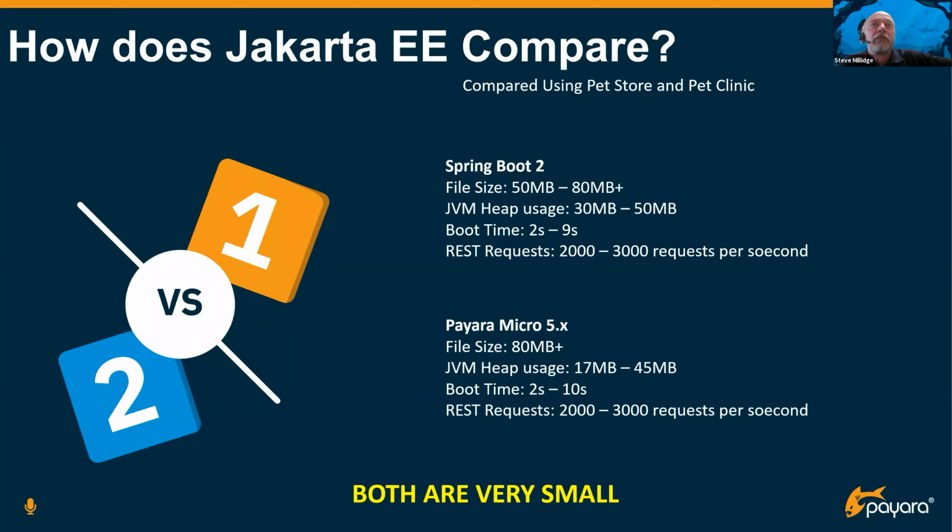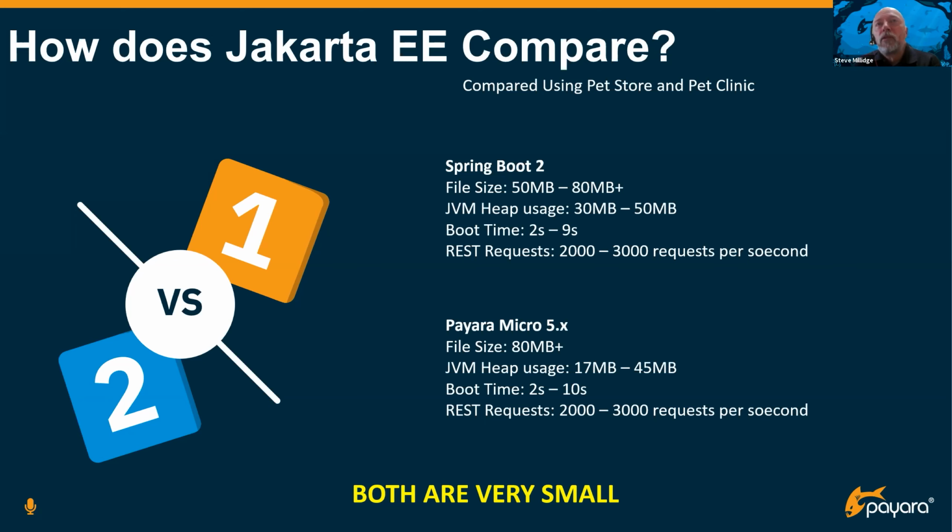What I'm trying not to do here is beat up Jakarta EE versus Spring, because both are actually very small. If you look at a Spring Boot Pet Clinic, the file size when you build it is between 50 and 80 meg, depending on what you choose to be in your runtime. If you choose the lowest number of services, then it'll be 50. If you add things like WebSockets and REST, it's going to get up to around 80 megabytes.